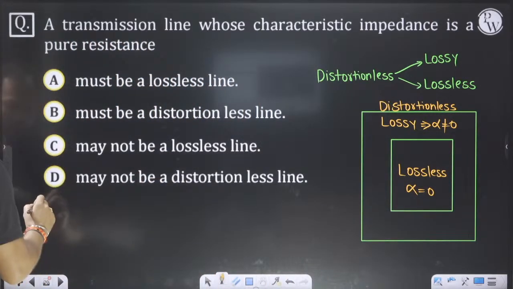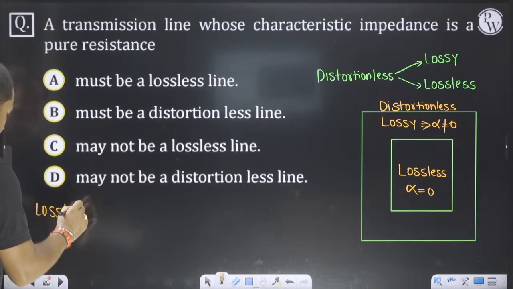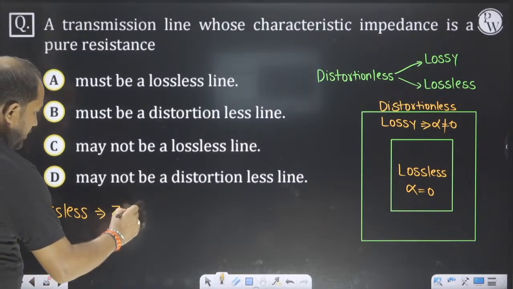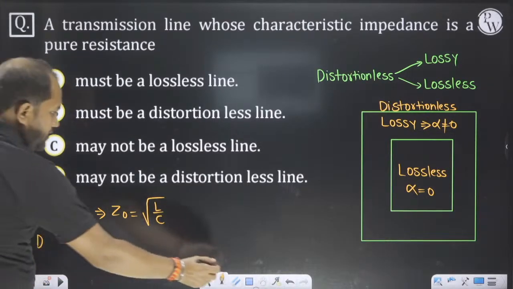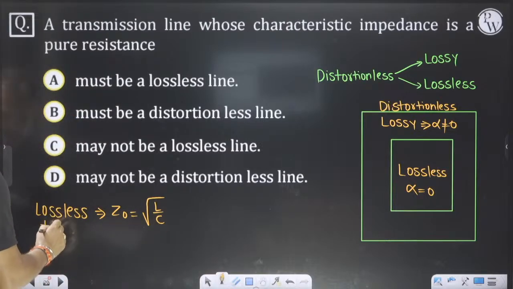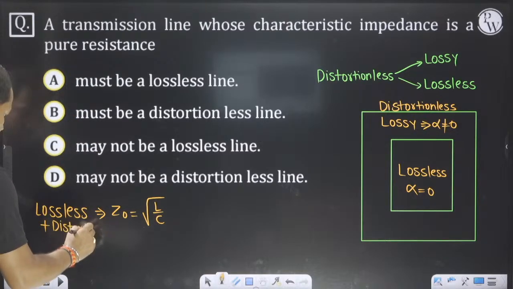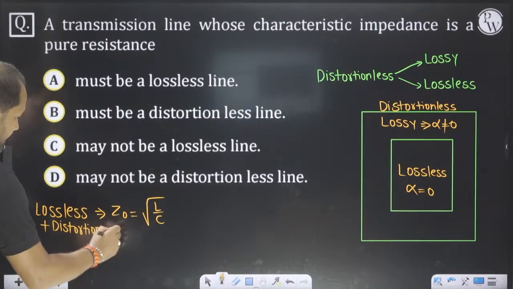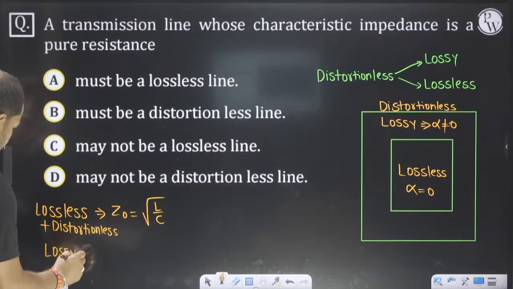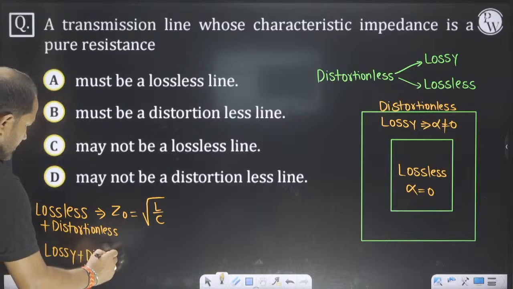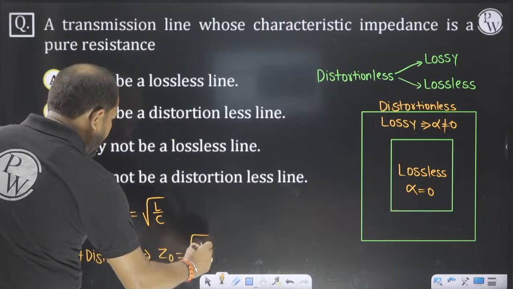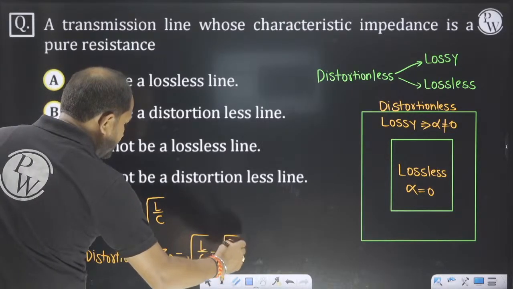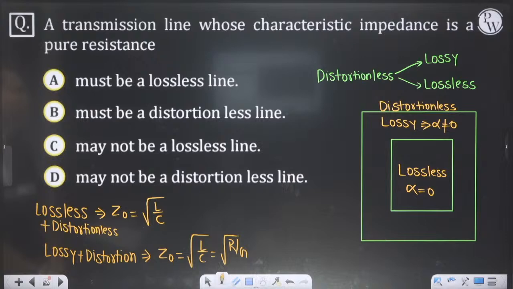And in case of lossless, the formula for Z0 is under root L by C. In case of distortionless, lossless plus distortionless and lossy plus distortionless, Z0 is equal to under root L by C, which equals under root R by G. So now we can solve the problem.